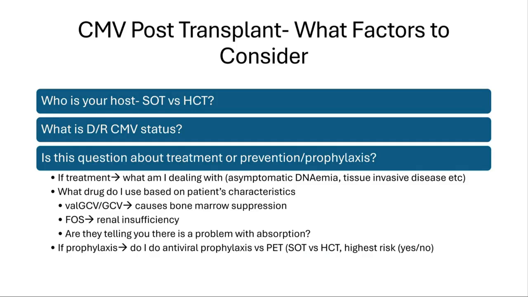And then when you get a question about treatment versus prevention, again ask yourself whether you're dealing with asymptomatic viremia or tissue invasive disease. And then go through your main drugs that are approved for the treatment, and based on their safety profile and side effects, decide which antiviral suits your patient the most.